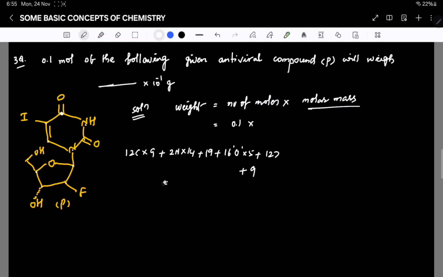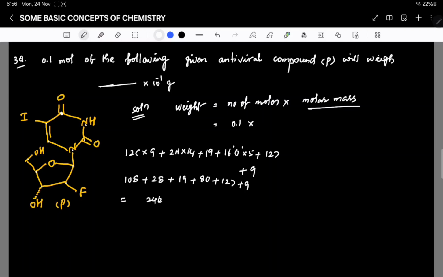All together, student, this will be 108 plus 28 plus 19 plus 80 plus 127 plus 9. So all together, this will be 136 plus 19, 155 plus 80, 235 plus 9, 244.